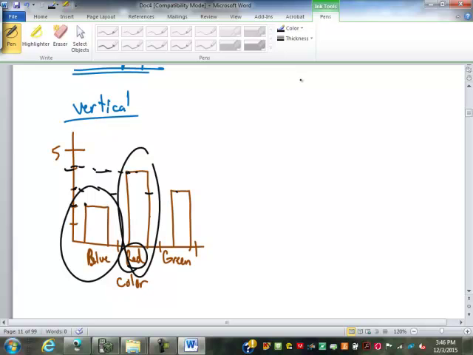For example, let's say we want to compare 3 companies, comparing net sales.